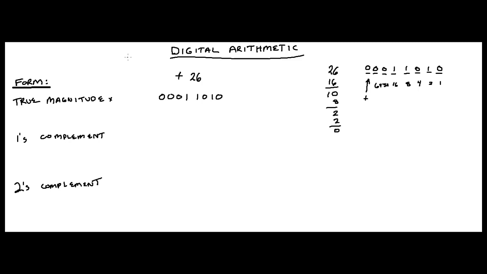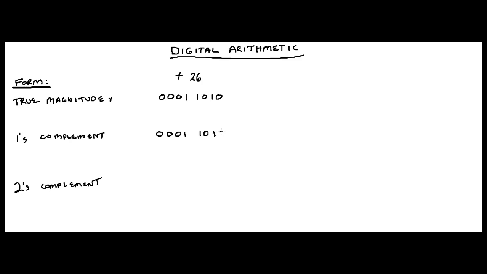If we want to write the ones complement, let me take this out of here, okay? For ones complement of a positive number, the ones complement is simply the number. So let's just rewrite it. 0, 0, 0, 1, 1, 0, 1, 0.